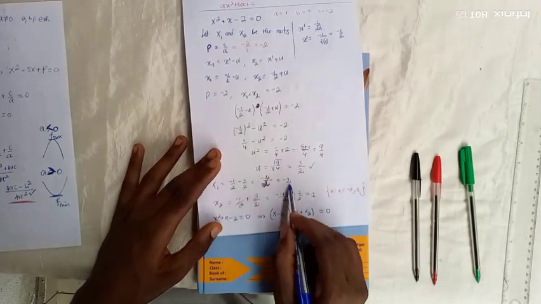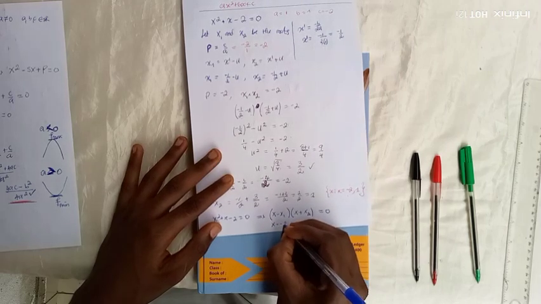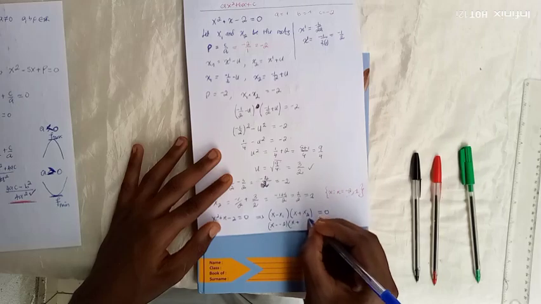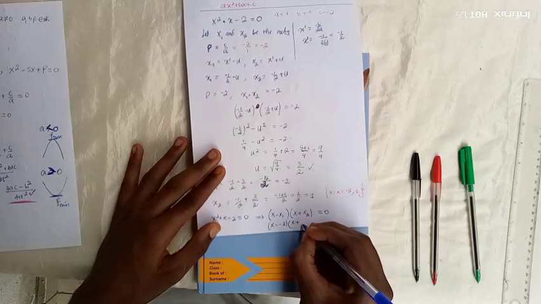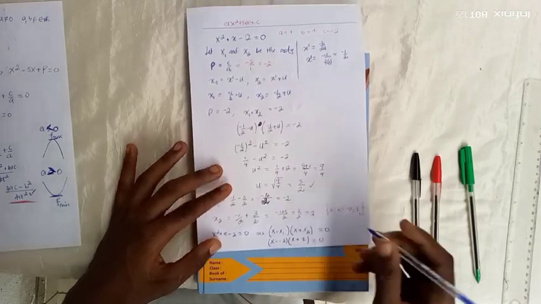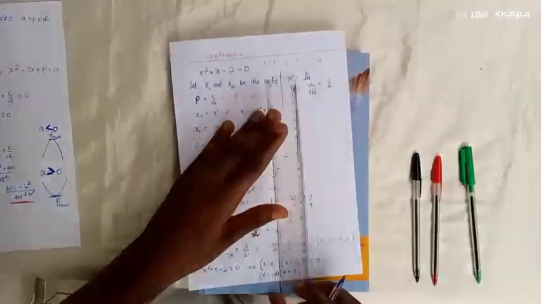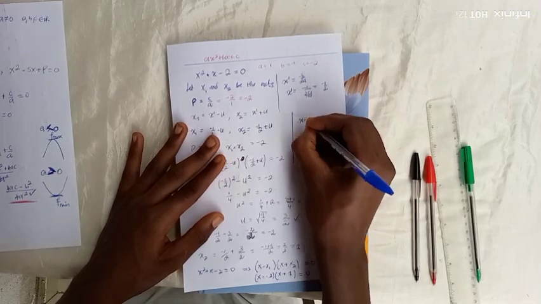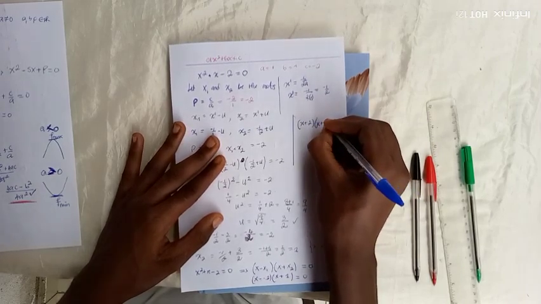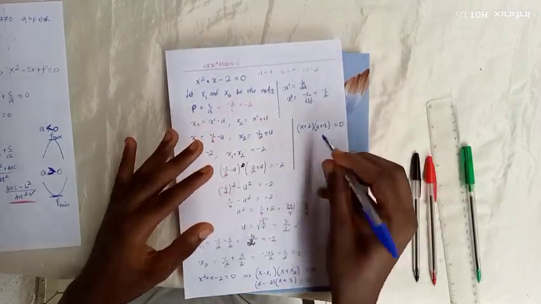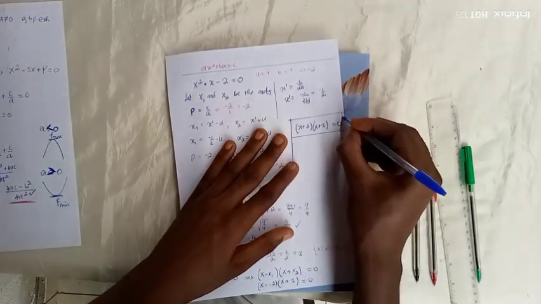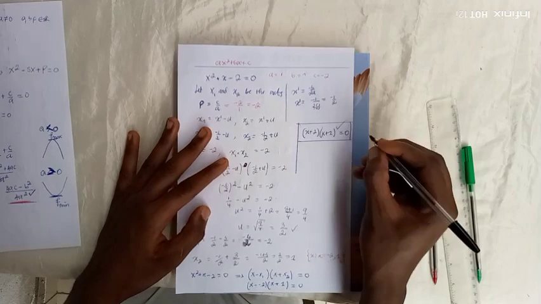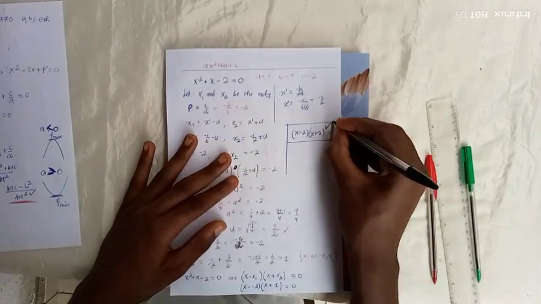My x1 was negative 2, so I have x minus negative 2, into x minus x2, which is positive 1, equals 0. So basically, that is what we get. From here, negative times negative is positive, so I have x plus 2 into x minus 1 gives 0. So this is how you can proceed from here. Once you know the roots x1 and x2, you can just replace them to factorize that quadratic equation.